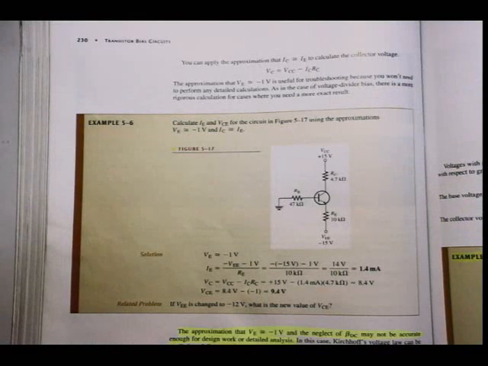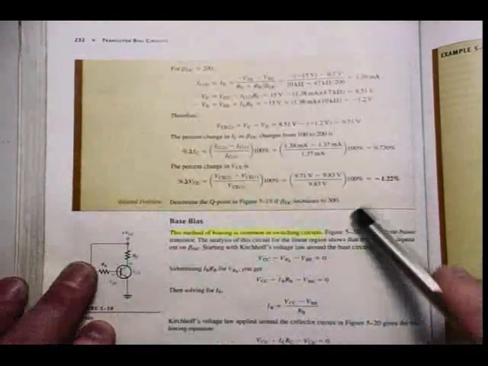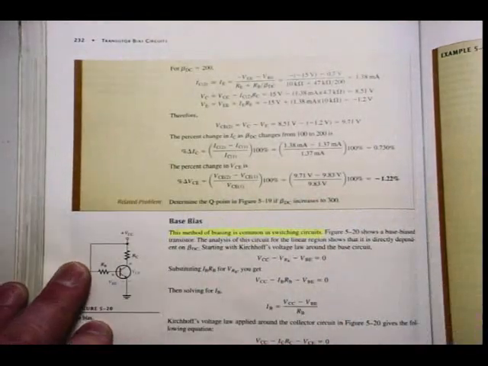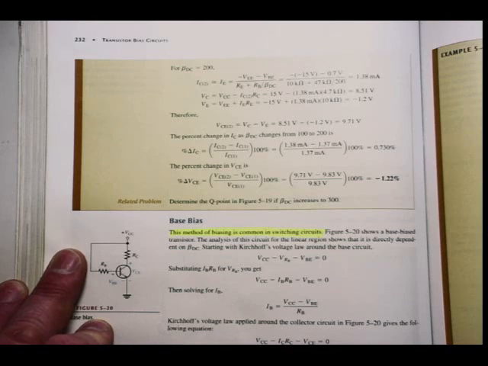They ask here, determine how much the Q point in the circuit will change if beta DC increases from 100 to 200 when one transistor is replaced with another. So then I can calculate the percentage change in IC: IC2 minus IC1 divided by IC1 times 100%.